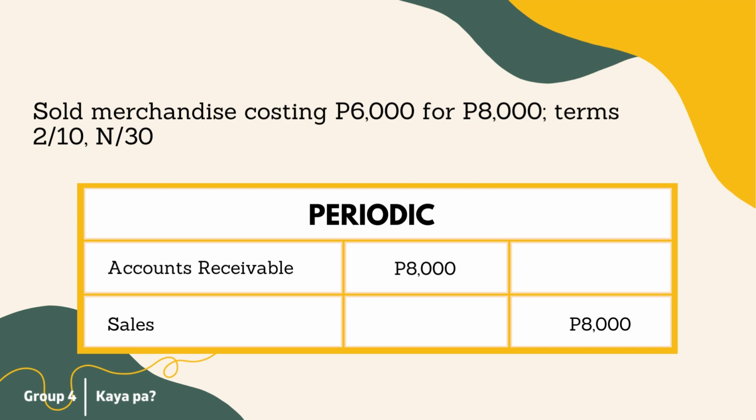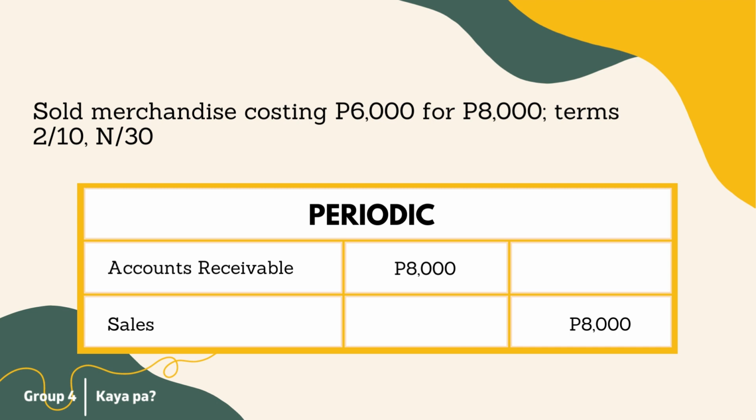What it means, the company sold merchandise. The cost of purchase is 6,000 but it was sold for 8,000. Since there are terms, this is accounts receivable, on credit. The terms are 2% if paid in 10 days and the net should be paid within 30 days.